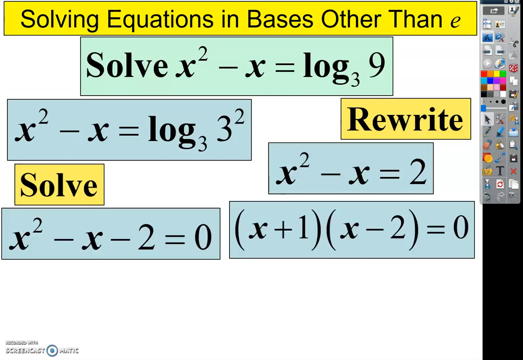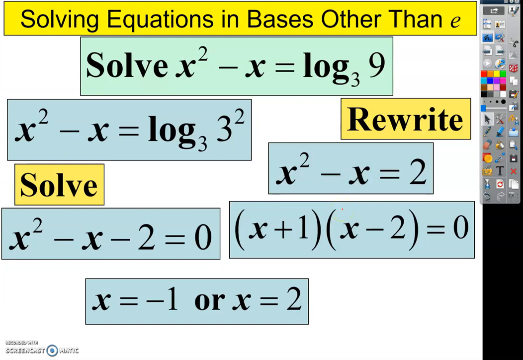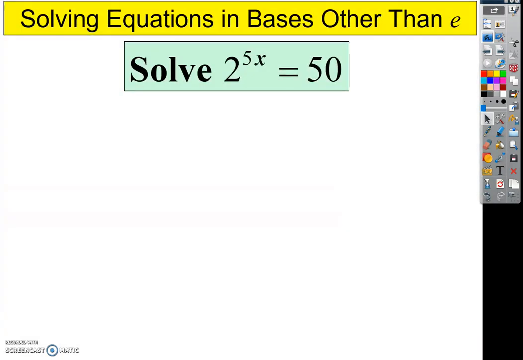And then you'll need to move the 2 over. We've got factoring, so we factor. And so those are our two answers. We have to keep in mind what's going on here. To check, the idea is that it will be 2, 1 squared plus 1. So yes, they're both going to work just fine.